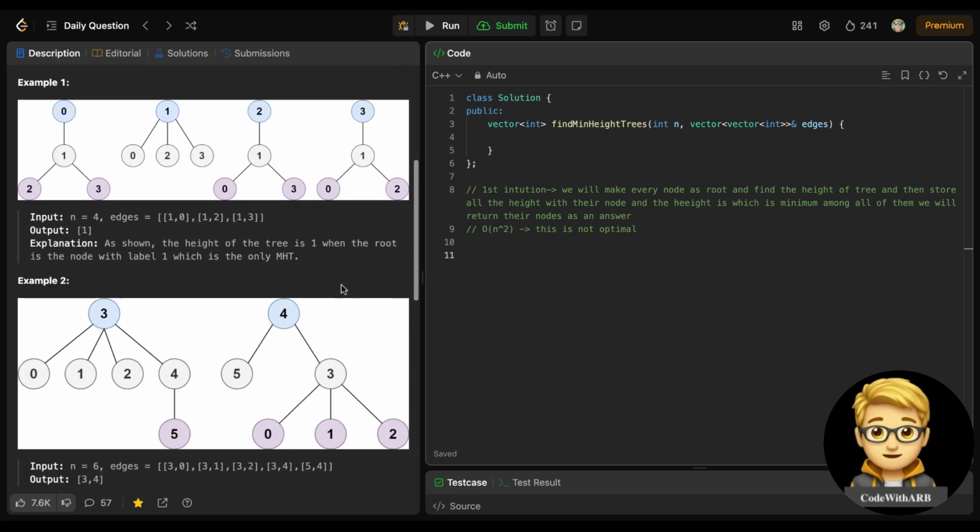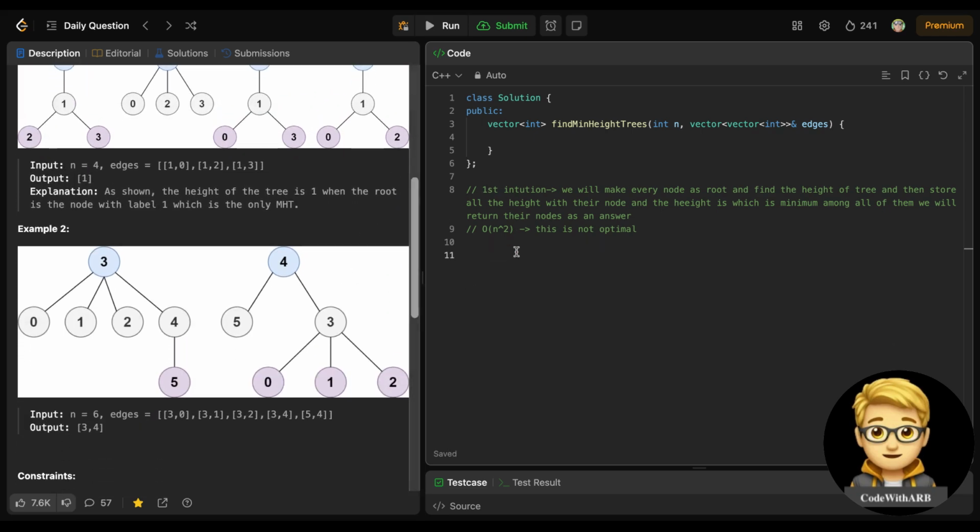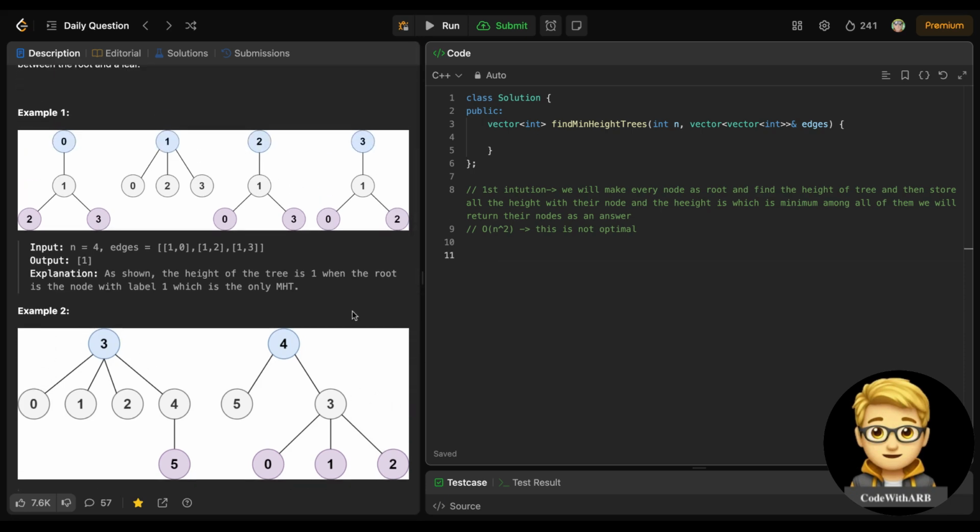If you observe here, how many nodes can there be for which the minimum height always occurs? What will the minimum height be? Say I choose a leaf node.